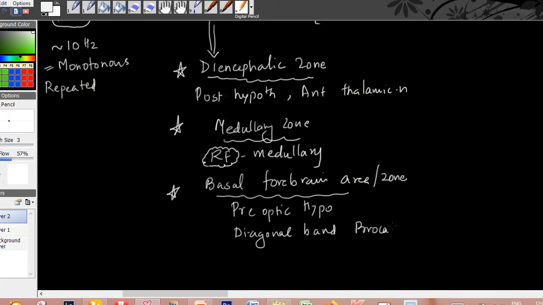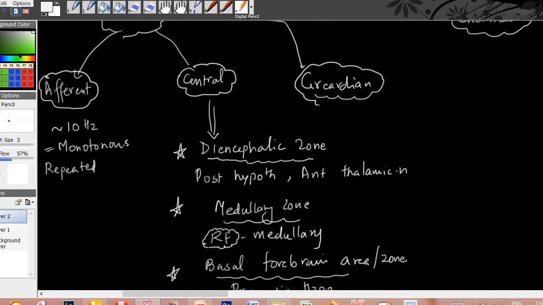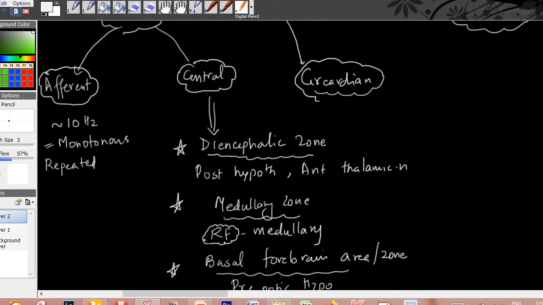So these are the three different zones and the central areas which actually trigger or play a neural control on your sleep.